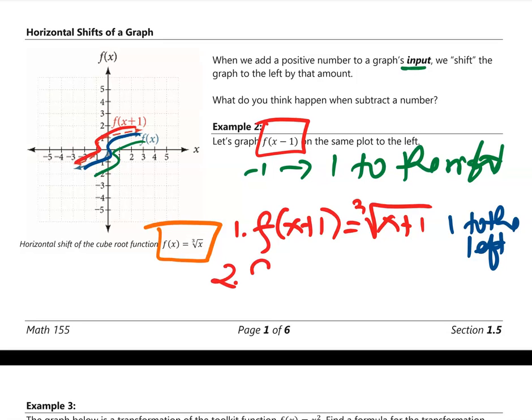If it's f of x minus 1, that is simply the cube root of x minus 1, and that is 1 to the right.